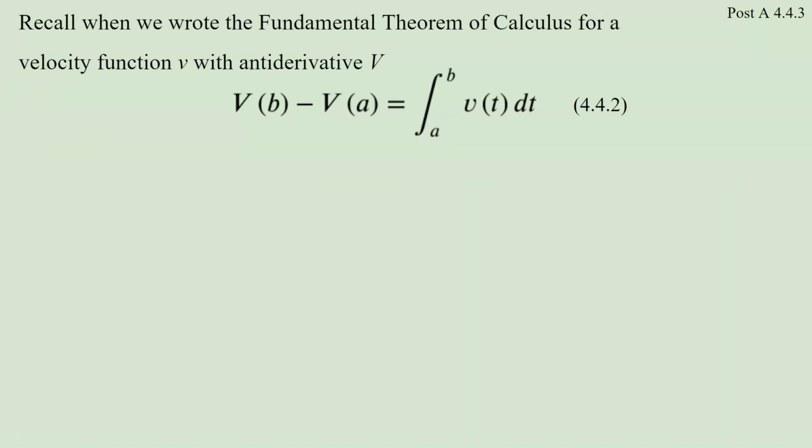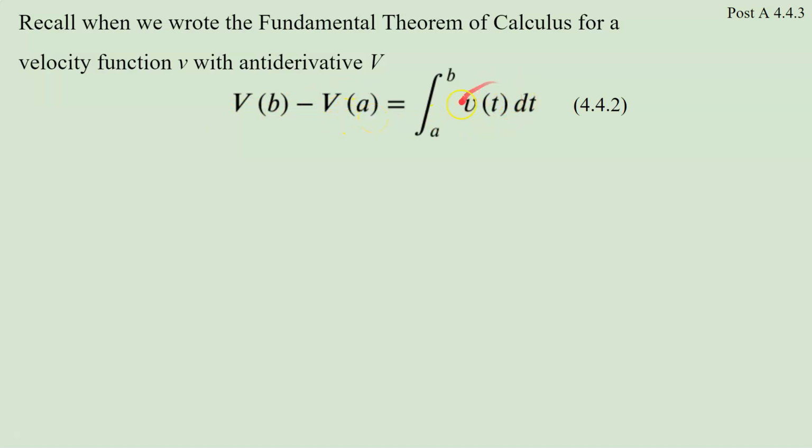Now, the fundamental theorem of calculus, or the FTC, as we call it in the biz. If we have a velocity function, then the definite integral from a to b of v of t dt is going to be exactly the same as the antiderivative of the velocity function evaluated at b minus the antiderivative of the velocity function evaluated at a.